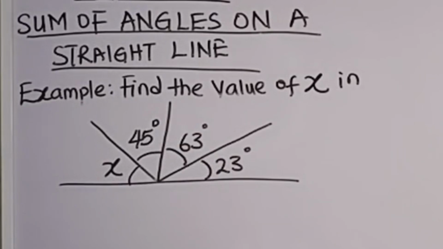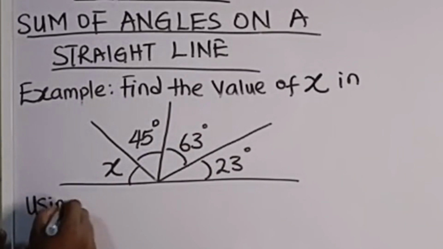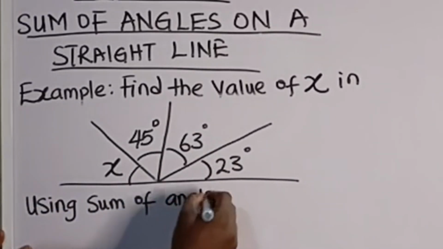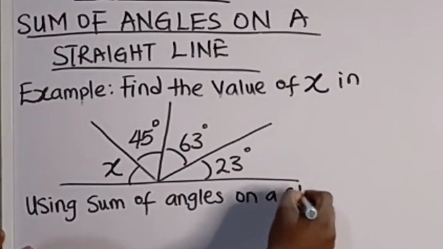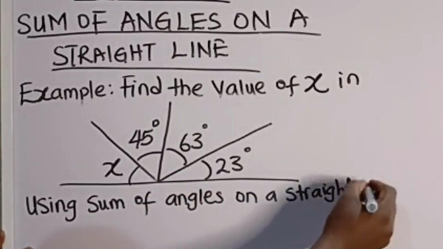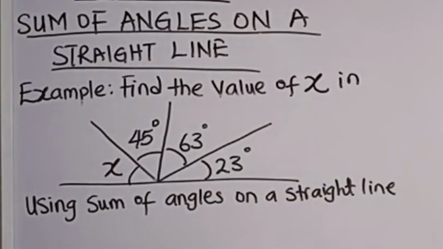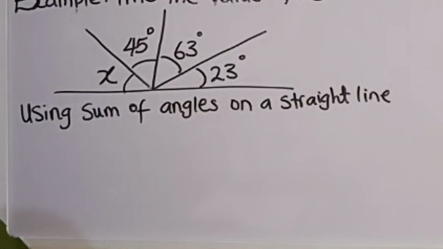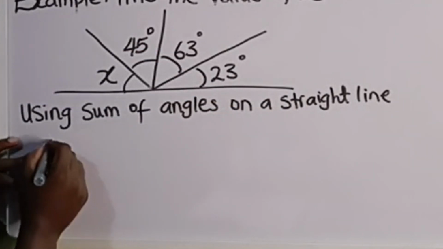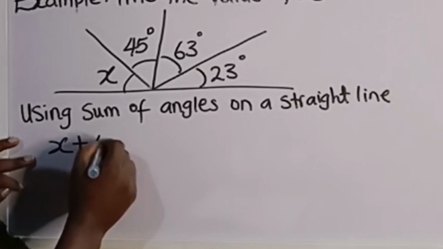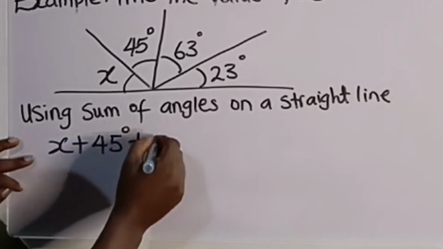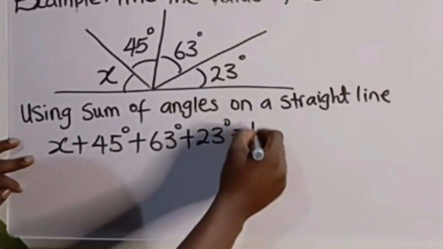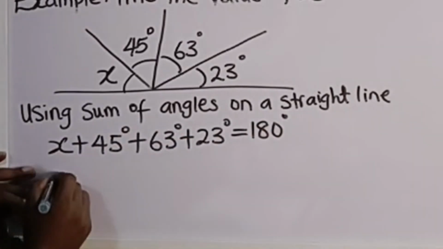Okay, so using the sum of angles on a straight line, we know that all these angles here equal 180 degrees. So x plus 45 degrees plus 63 degrees plus 23 degrees is equal to 180 degrees.